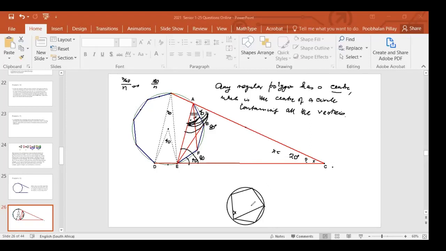Okay. The way you calculate that angle is what I just told you now. You break that angle into, you look at the other 2, you've got 2 there. These are the sides. So these are equal sides. So to get this x here, all you have to do is to calculate these two angles.